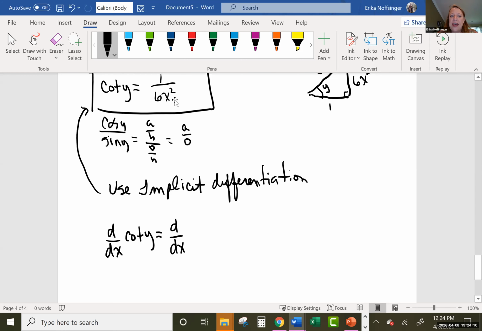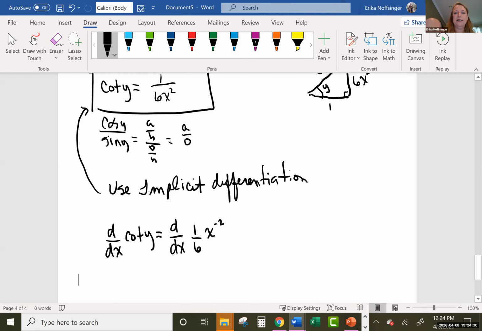I'm going to rewrite that x squared in the denominator, I'm going to move it up to the numerator. So we could rewrite that one side as 1/6 times x to the -2 power. That way I don't have to use the quotient rule when I'm taking the derivative of the right-hand side.